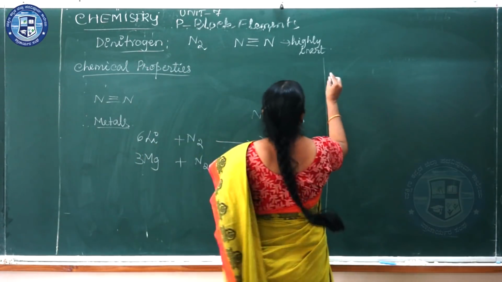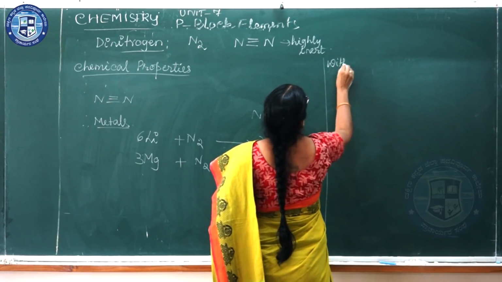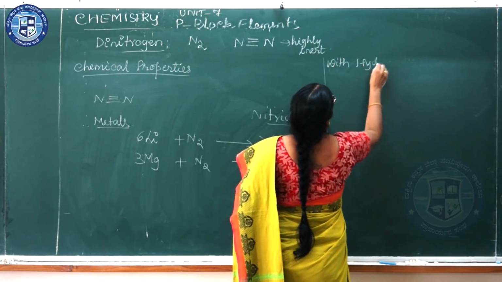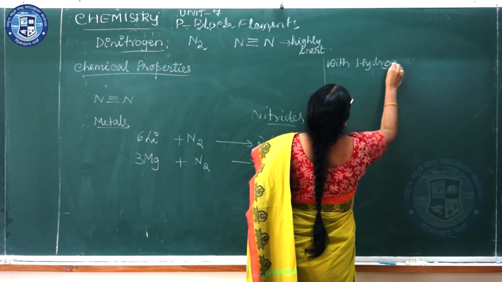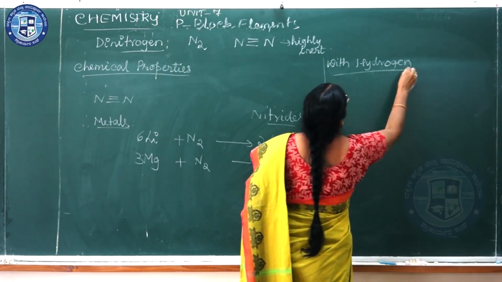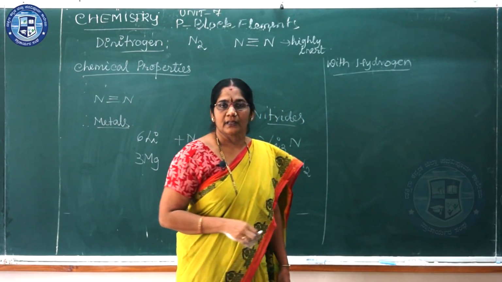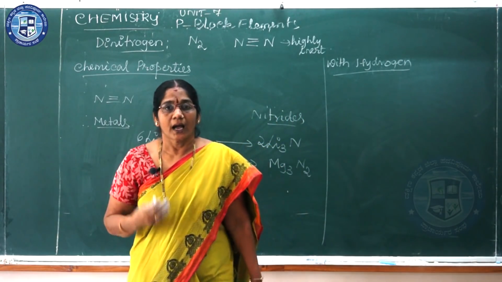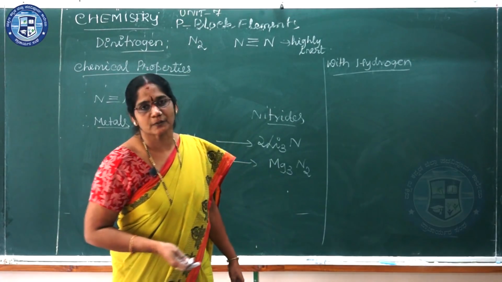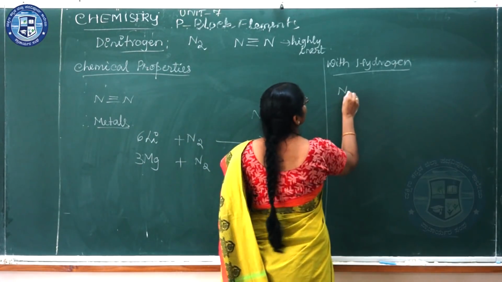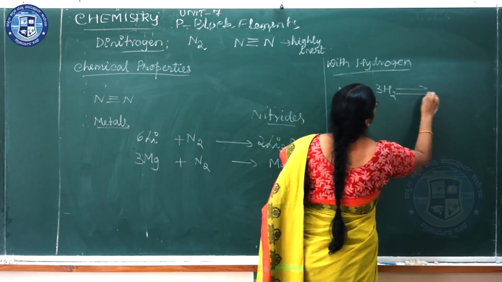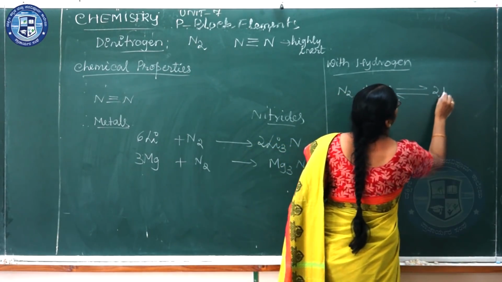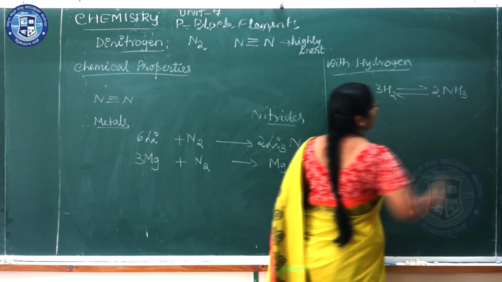Then the next reaction is with hydrogen, which is industrially a very important reaction: the preparation of ammonia by Haber's process. So nitrogen gas when mixed with hydrogen gives ammonia.